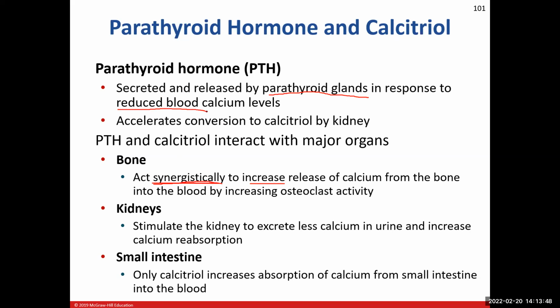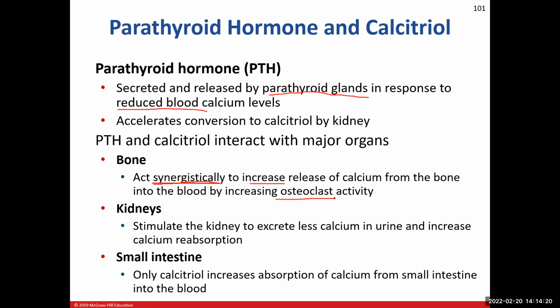So one of the functions of the bone, as I said, is it's a storage site. It stores calcium and it stores phosphate. We know what phosphate's used for in several things, but one of the important things we've discussed in this course is that phosphate is needed to make ATP. So in this situation, both of these hormones are going to stimulate the osteoclasts.